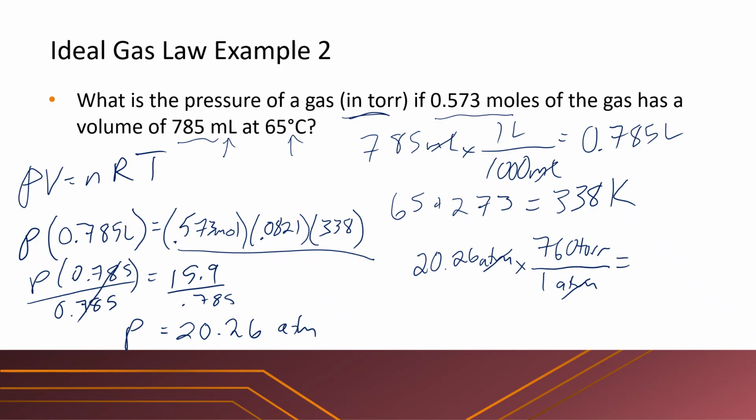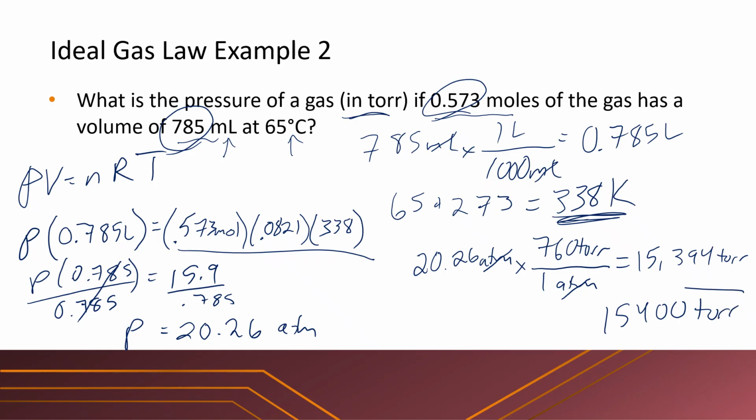So I get 15,394 torr, but I need to round using sig figs. It looks like I have 3 significant digits here, because when I get to temperature, it's 3, 3, 3. I need to use my final because you're adding there. So to 3 significant figures, that would be 15,400 torr as my final answer.